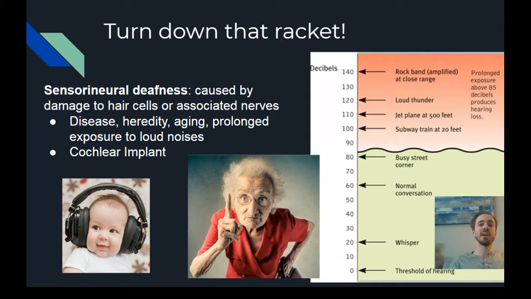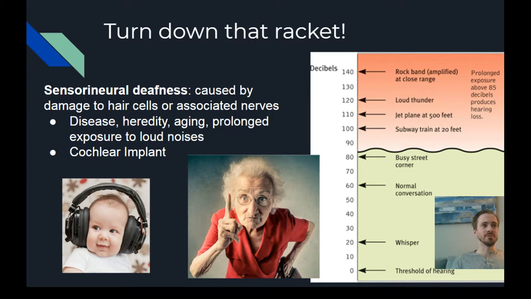This is what happens when you have prolonged exposure to really, really loud noises. Going to concerts is not just a good place to pick up the coronavirus, it's also a good place to pick up deafness over time. When noises are too loud and the decibel levels are too high, if you are exposed to that over the course of your life, you have a much higher chance of damaging those nerve cells and eventually not being able to hear appropriately.